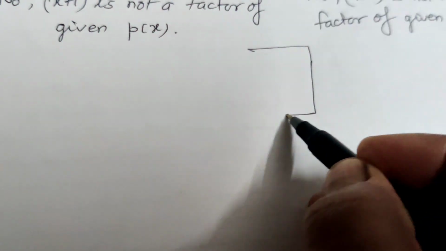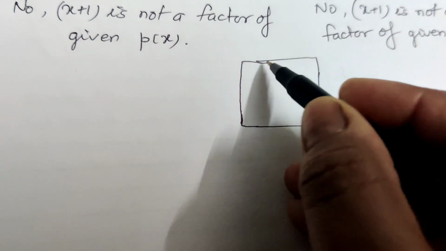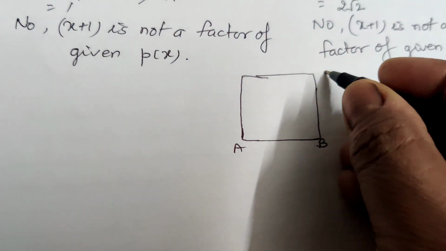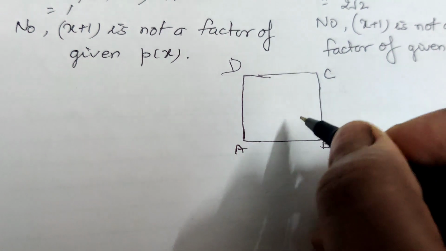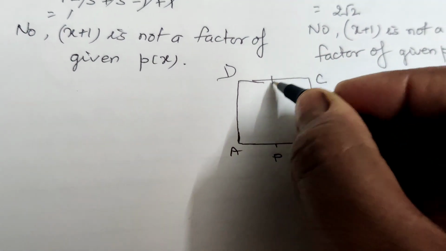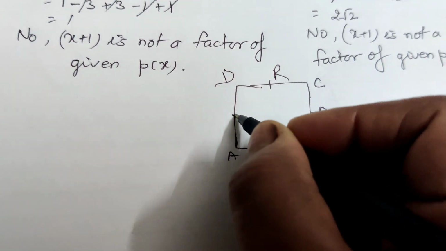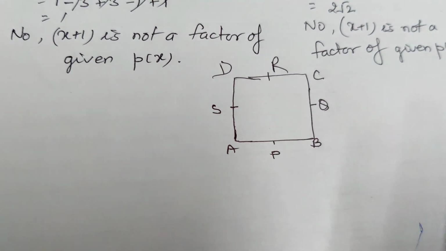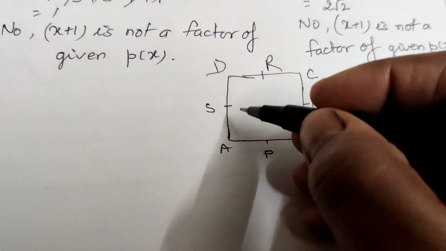Draw ABCD, a quadrilateral. P, Q, R and S are the midpoints of the sides AB, BC, CD and AD. Okay, first prove SR parallel to AC.